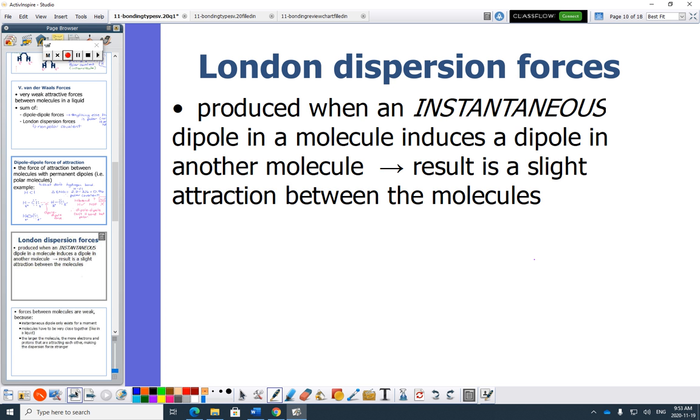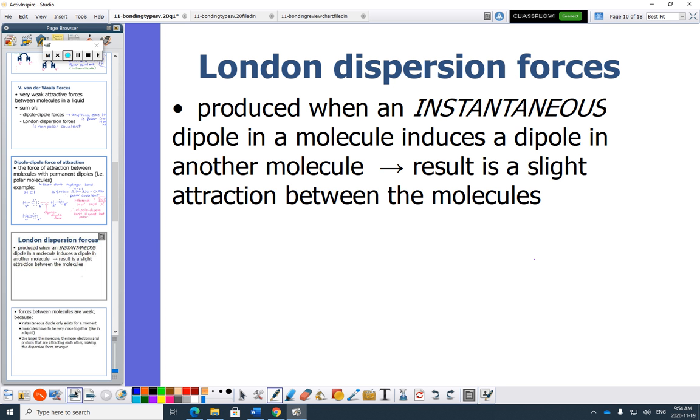So yes, London is a person, but the dispersion part is a little bit more descriptive of actually what's happening, okay? So it has to be instantaneous. It is a very slight attraction. These are not strong forces compared to dipole or hydrogen bonding.